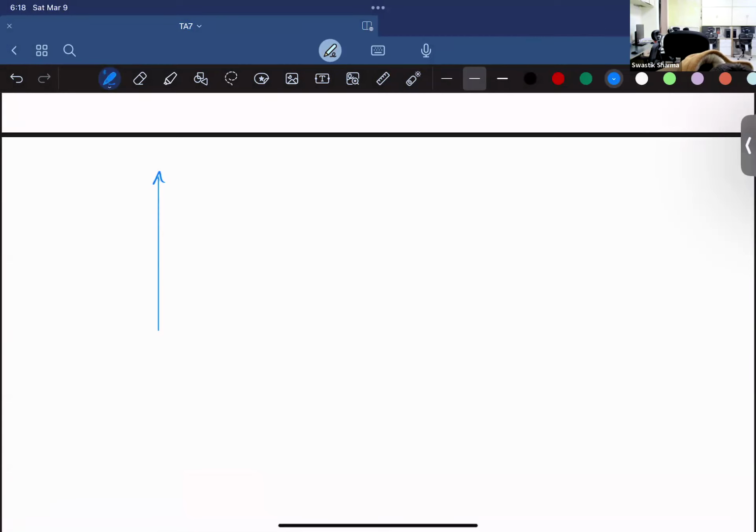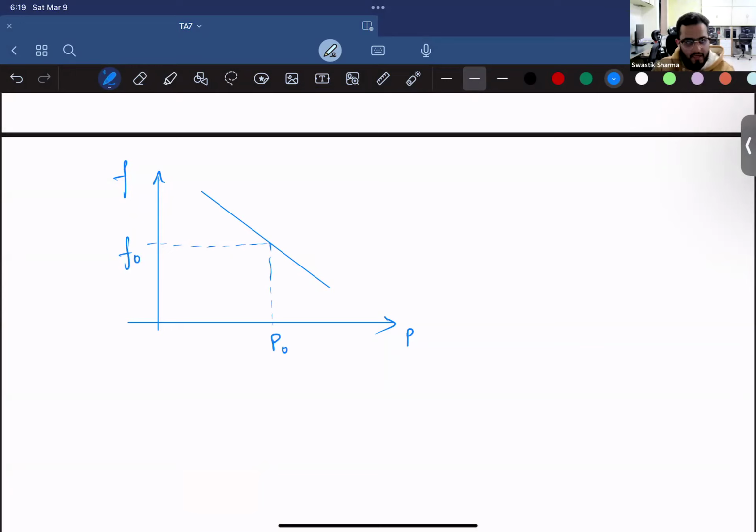Let's say this is your profile and this is your droop curve, right? So let's say this was your optimum function and this is P naught, F naught. Now what happens is, whenever your frequency changes its pattern, your power level needs to be changed. Let's say your frequency went to a new location, F, which was beyond your permissible level.